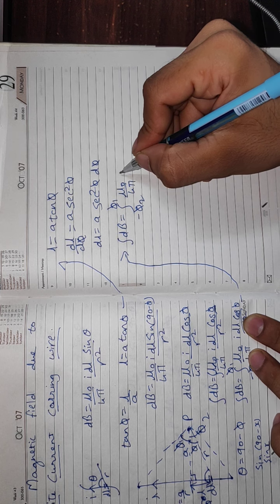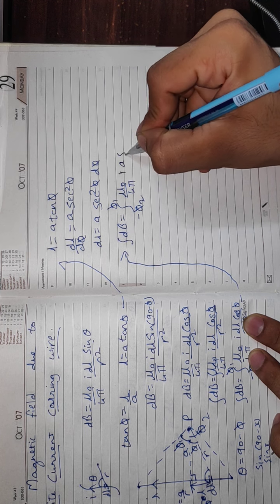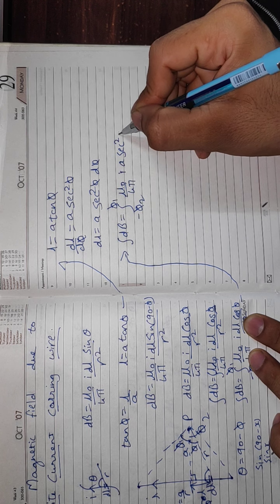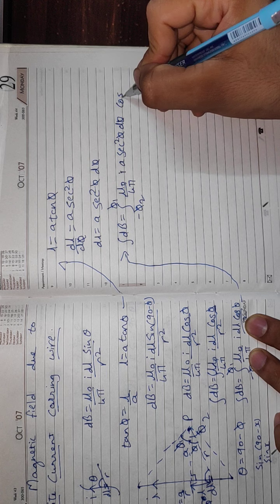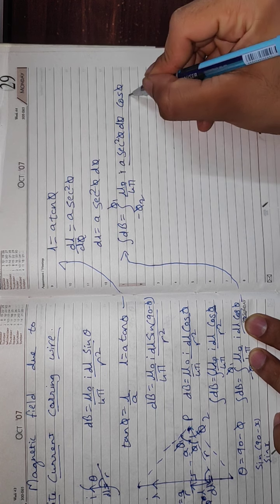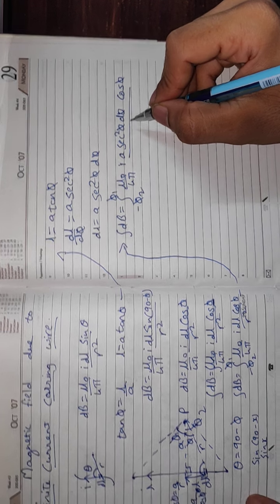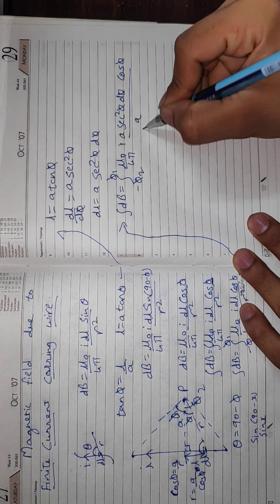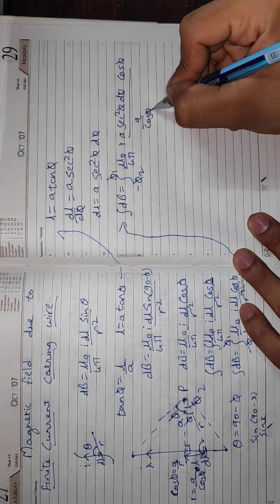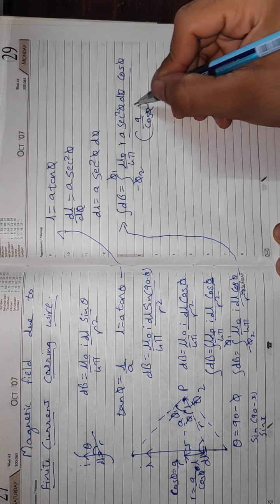Cos phi will remain as it is, upon r square. What we have got, r is equal to a by cos phi, so a upon cos phi, and as it is r square, we will square it.